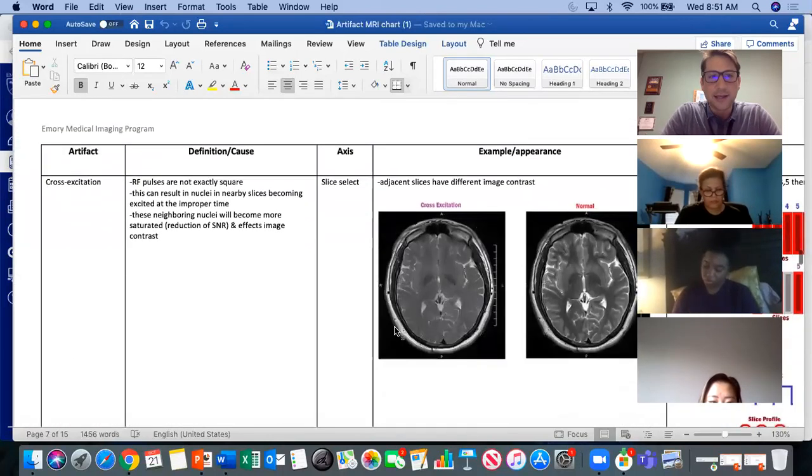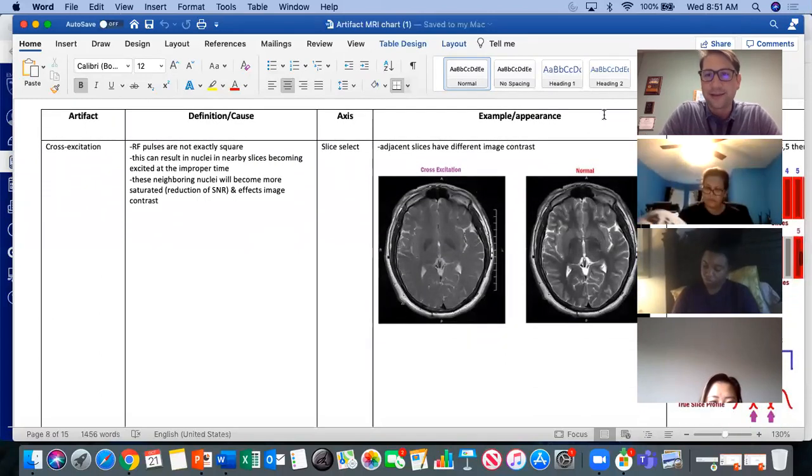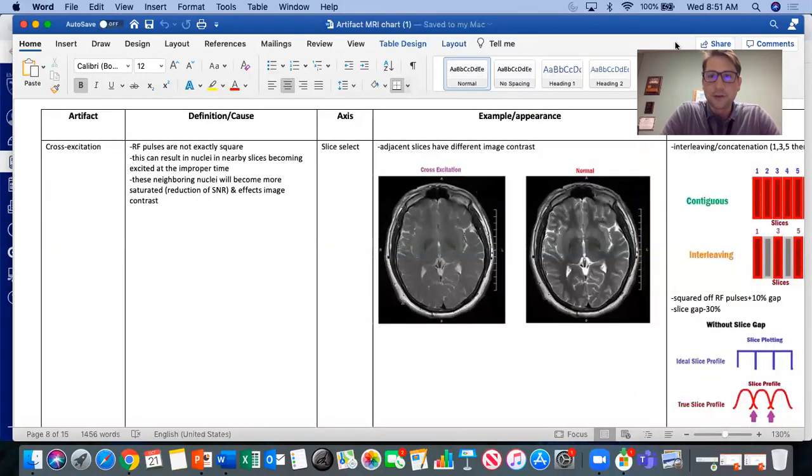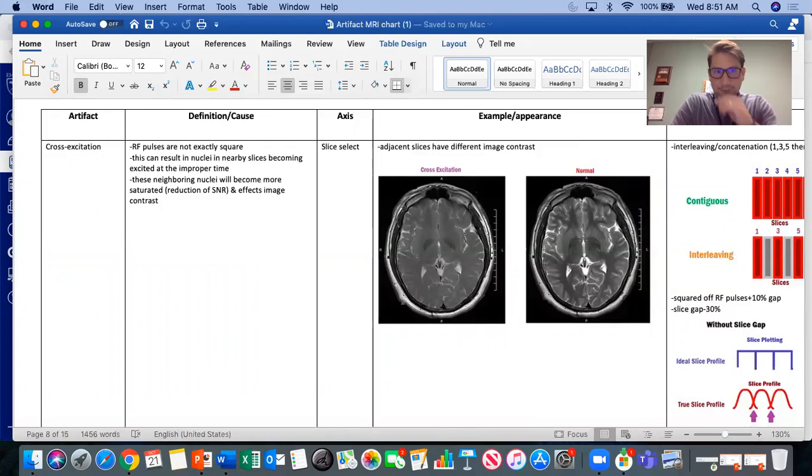So do not get it confused with cross-excitation. So this artifact is caused by RF pulses not being exactly square. So we know that they typically have a more rounded appearance. So they kind of have this wavelength kind of look to it.